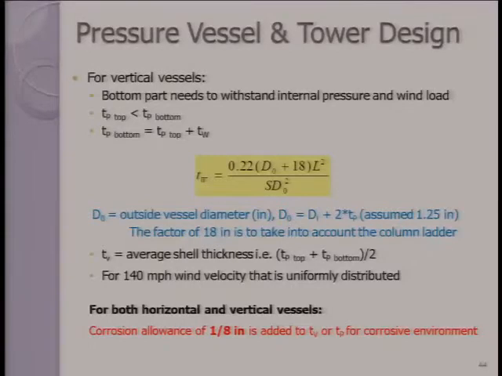When you have a vertical vessel, you have to take into account that there will be wind. For example, this equation is valid when there is a wind with a velocity of 140 miles per hour that is uniformly distributed. So it won't survive a typhoon.